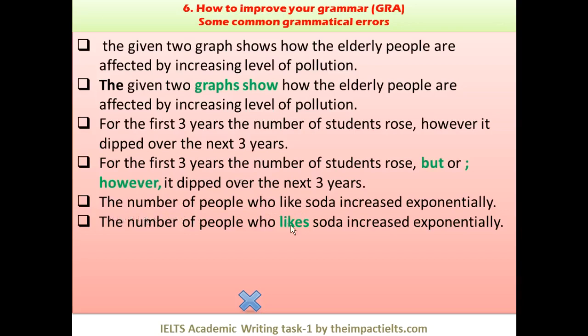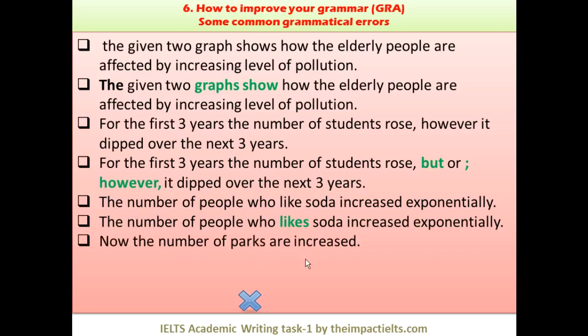It should take likes. It should not follow people, because people is not the subject. Many a time you can see this kind of expression where we have a noun after of. That noun is not actually the subject. The subject is the number, so the verb should follow the number. All right, let's see the next example.